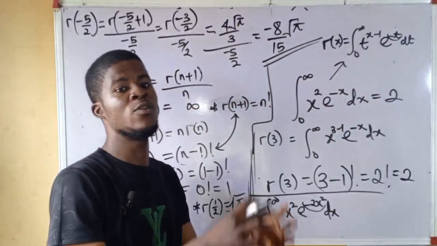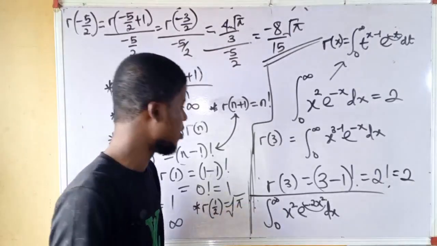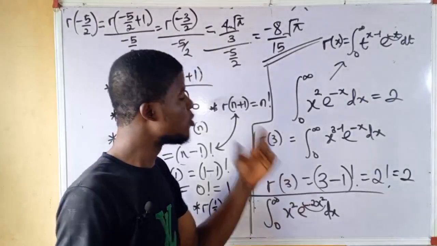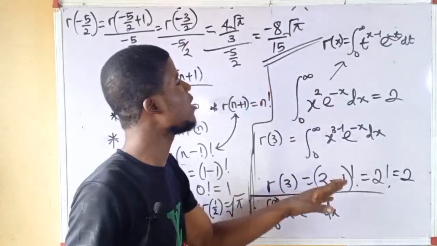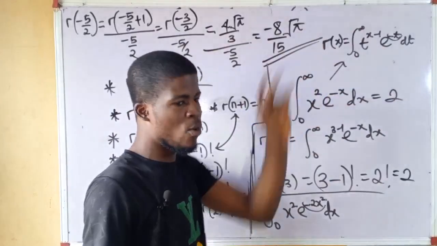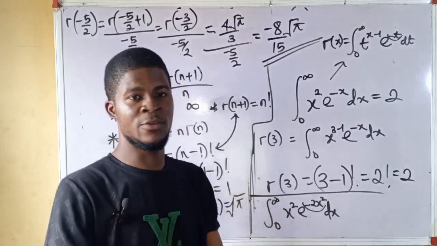Hence, we will have to do a modification of this integral. Yes. So just keep watching. In the next video, I'm going to handle integrals like this. Yes. So I've introduced to you how to handle integrals like this using the gamma function, when the integral is exactly in the form of the gamma function definition. But when it is not, there is a modification. So that's what we'll talk about in the next video.